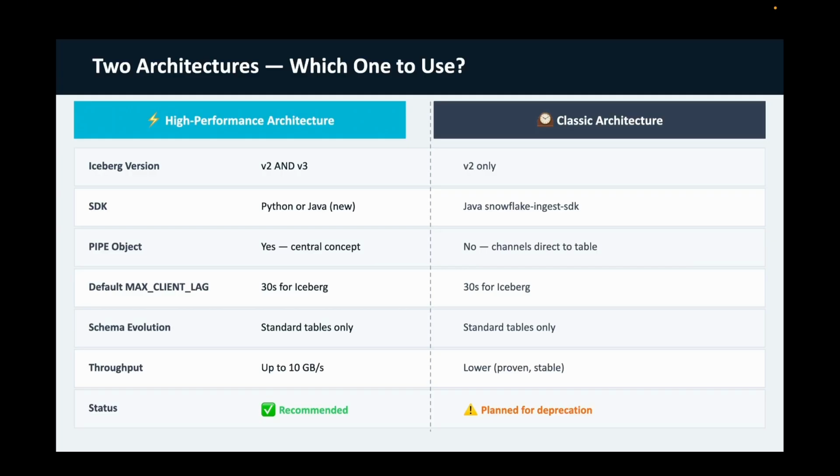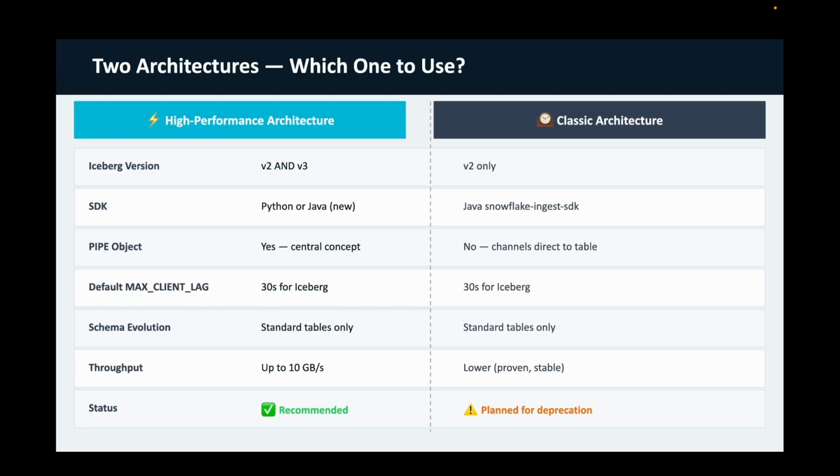It uses a pipe object that helps to improve the throughput, and the max client lag is set to 30 seconds for Iceberg tables. Schema evolution is only supported for standard tables, not for Iceberg tables. The throughput is up to 10 gigabytes per second, which is huge. And the status, which means which one is recommended to use: it is better to use the high performance architecture given the throughput and the pricing.